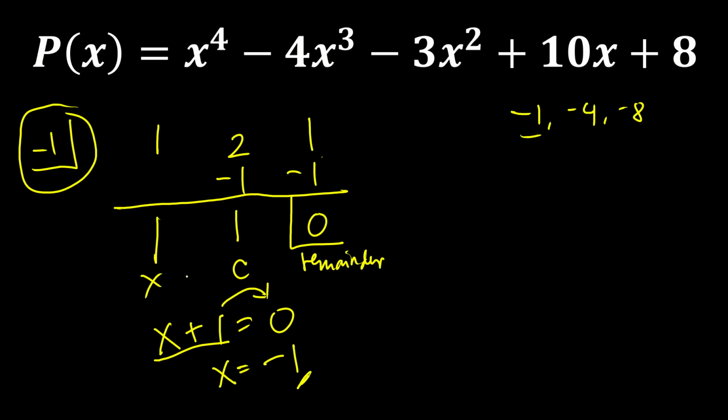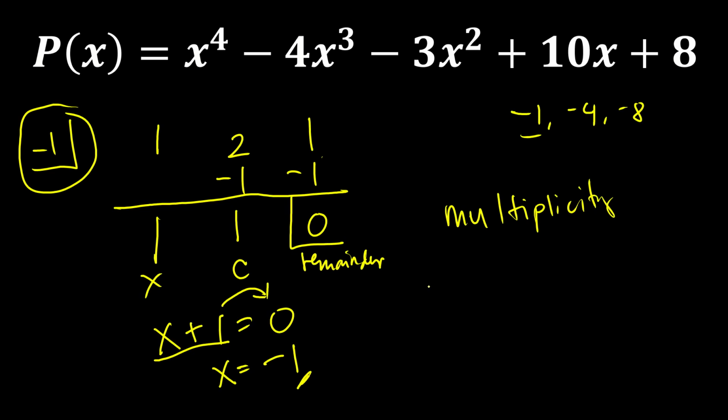Ibig sabihin po, yung dalawang negative numbers na hinahanap natin ay parehas na negative 1. So, yan po yung tinatawag na concept na multiplicity. Ibig sabihin po niyan, si negative 1 ay dalawang beses na factor nitong polynomial function na to.